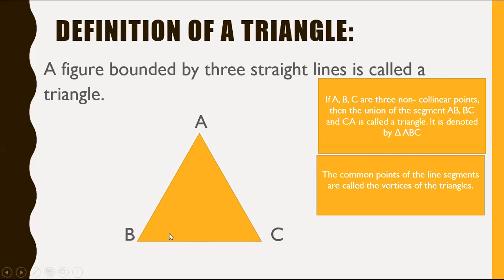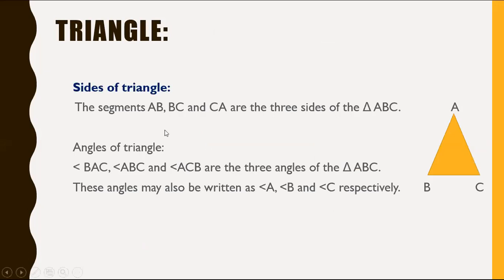In AB and BC, B is the common point. So B here is a vertex of the triangle. And A, B, C are the vertices of the triangle. Sides of the triangle: here you can see that there are sides AB, BC and CA. These are the 3 sides of the triangle.